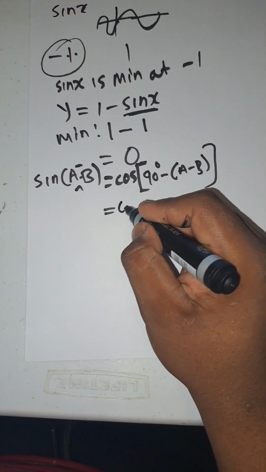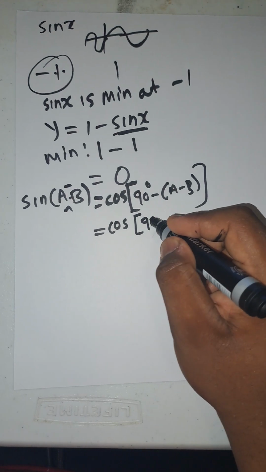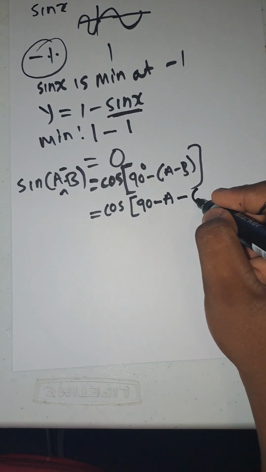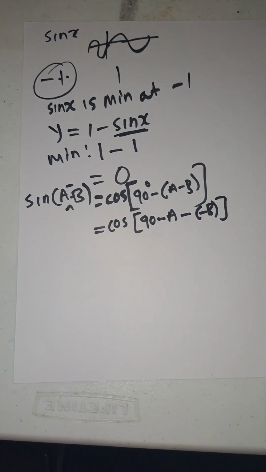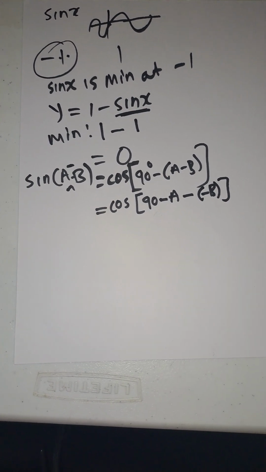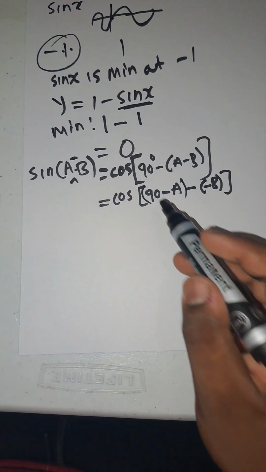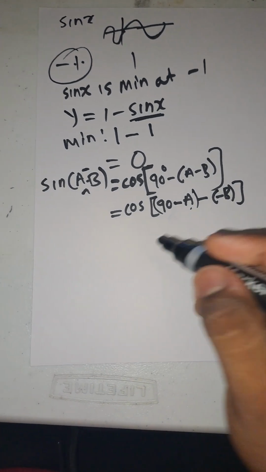Now you are gonna continue saying cos, 90 minus a, and then minus b. This is because you know it from your investigations and proofs. So 90 minus a, and then this is gonna be minus b.